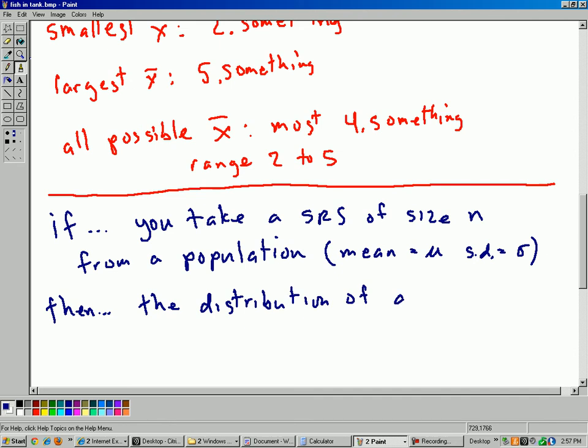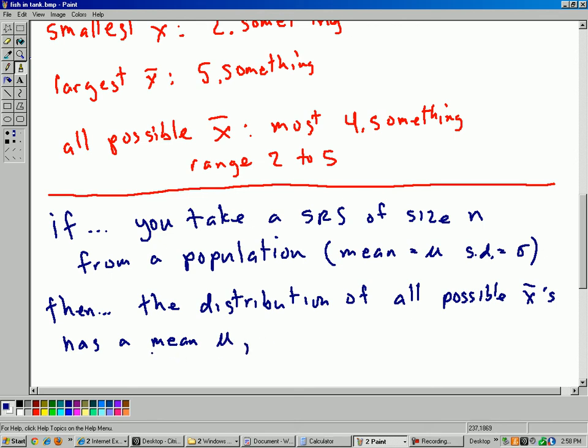Okay, then it turns out that the distribution of all possible x bars, which there could be millions and millions of possible combinations of different samples. They give you millions and millions of different x bars, but the distribution of all the x bars has a mean that's the same as the population mean. So as the mean mu.